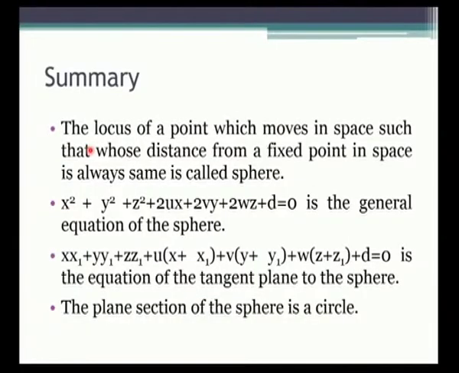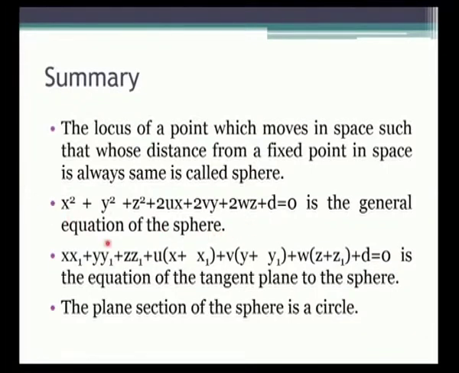So in this lecture we have discussed the sphere, the locus of a point which moves in space such that its distance from a fixed point in space is always the same is called a sphere. Then the general equation of the sphere is given as x square plus y square plus z square plus 2ux plus 2vy plus 2wz plus d is equal to 0.